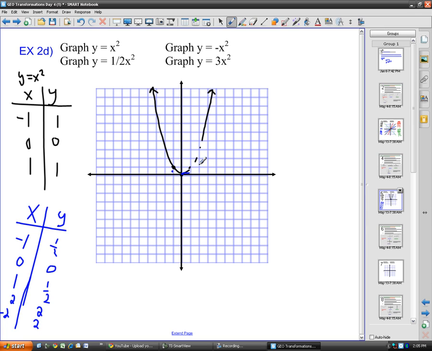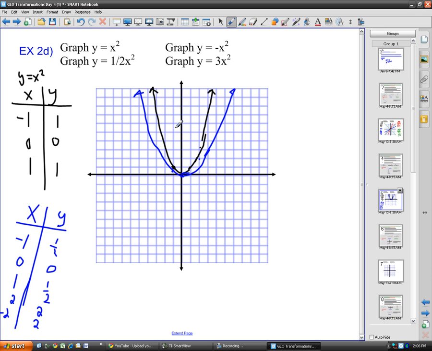Oops, I missed it again. It should flatten out. Let's see if I can hit. There we go, I hit it that time. My lines are a little crooked, but it should kind of flatten out. When we multiply by a number between 0 and 1, the function is going to flatten out.